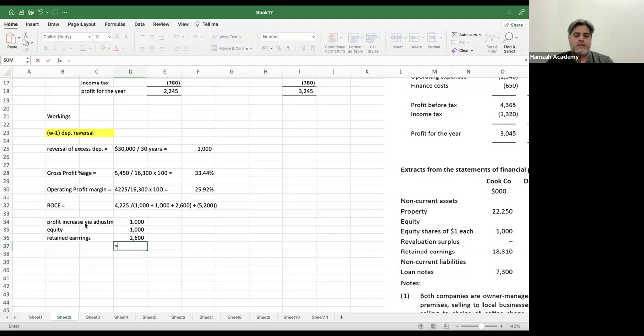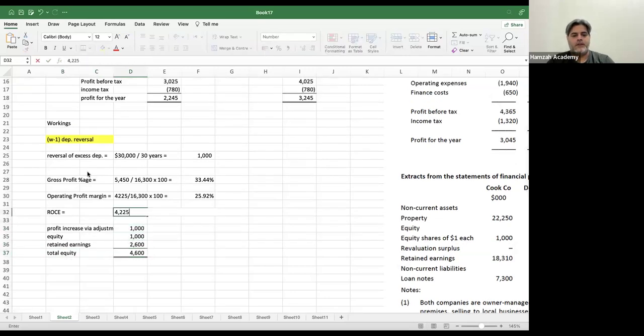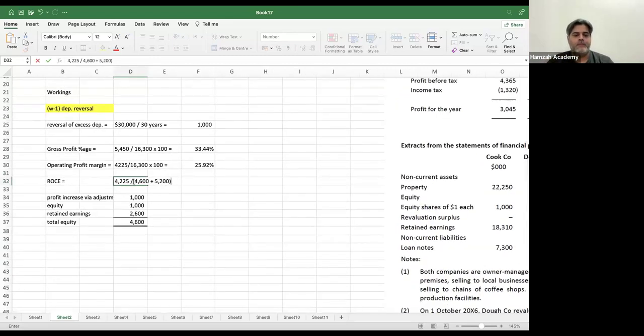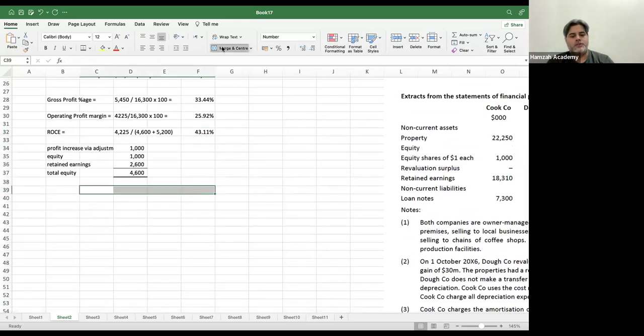So that's how we have total equity of 4,600. 4,225 by 4,600 plus the debt 5,200. So that'll be 43.11% over here.